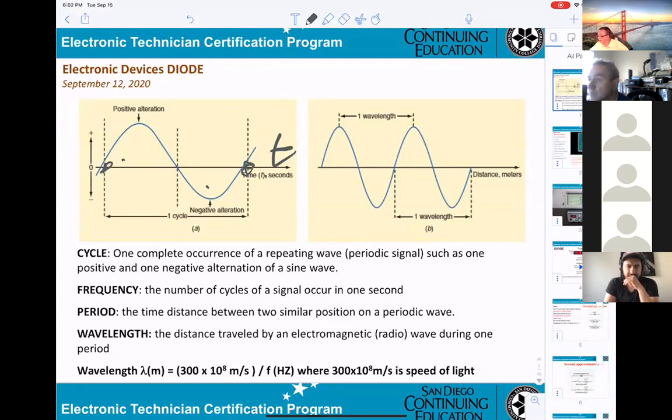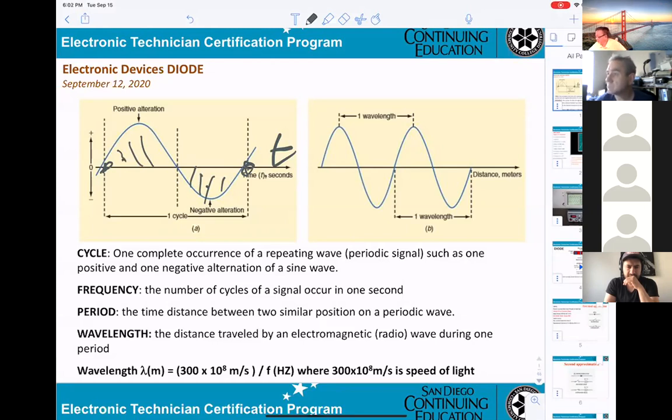The positive part is called the positive alternation, and the negative part is the negative alternation. From here to here is one complete cycle.